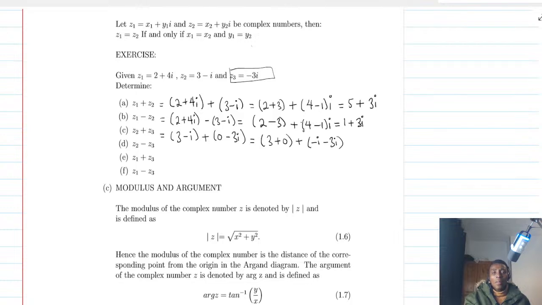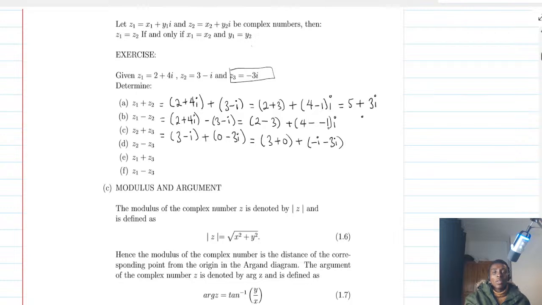Okay, I think there was a mistake with the second one, because we were asked to subtract. So it was supposed to be 2 minus 3, all right? And then the imaginary part was supposed to be 4 minus i, which would have made it minus 1i.